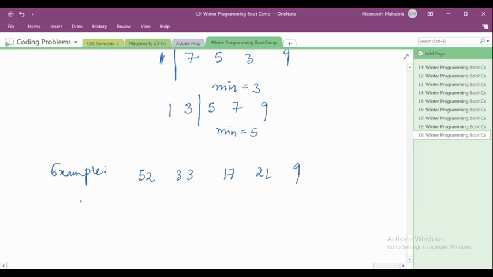Tell me, after every iteration, what will be the output of the array, and how will you reach the sorted array? Go ahead and post your answers in the group.